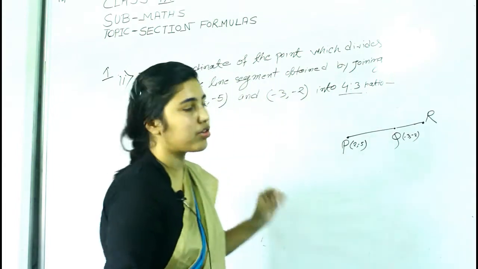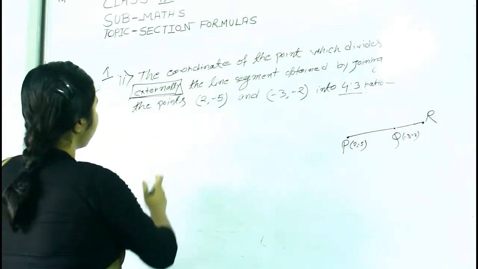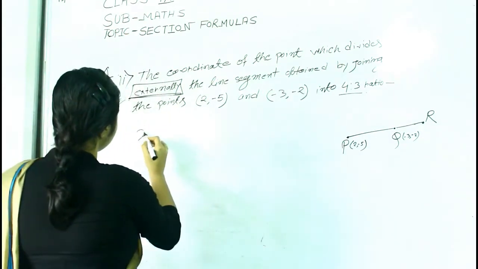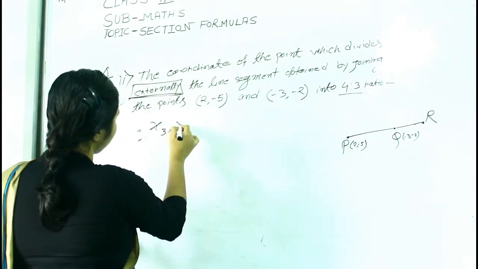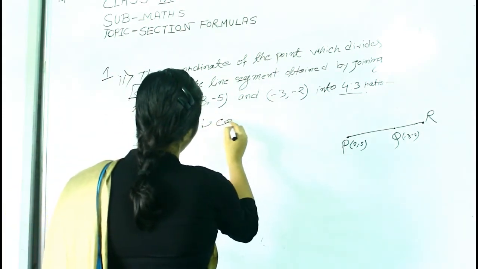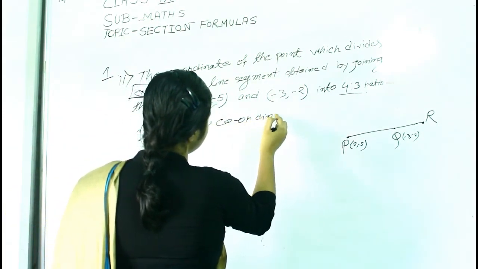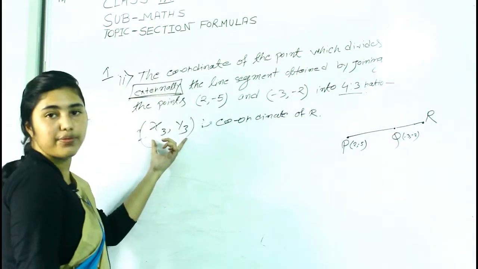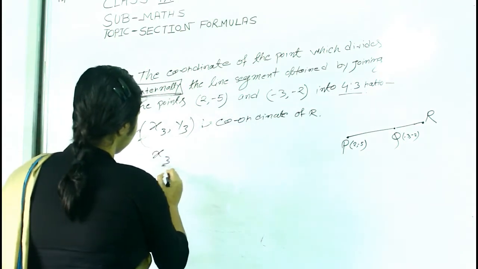So here again we have to find the coordinate, and we know that in case of external division, suppose again x3 and y3 are the coordinates of R. Then we have to find the value of x3 and y3.